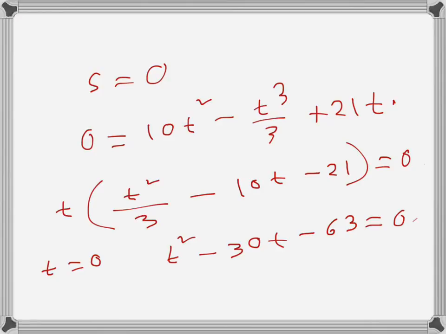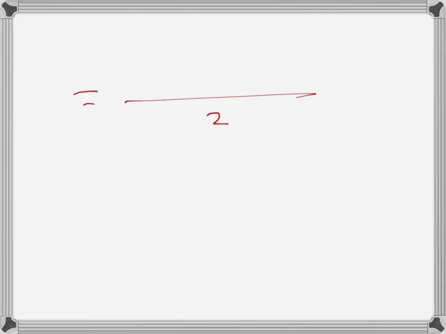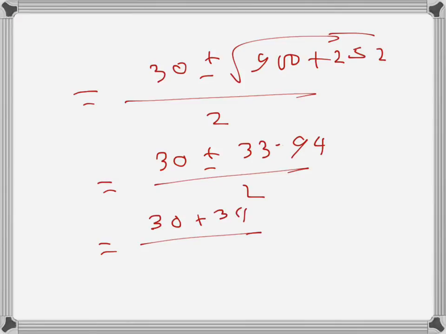When we solve this quadratic equation, using minus b plus or minus the square root of b square minus 4ac over 2a, with b being 30 and 4ac being 4 times 63, it becomes 30 plus or minus the square root of 900 plus 252 over 2. This finally becomes 30 plus or minus 33.94, which we round to 34, so 64 over 2 or minus 4 over 2.